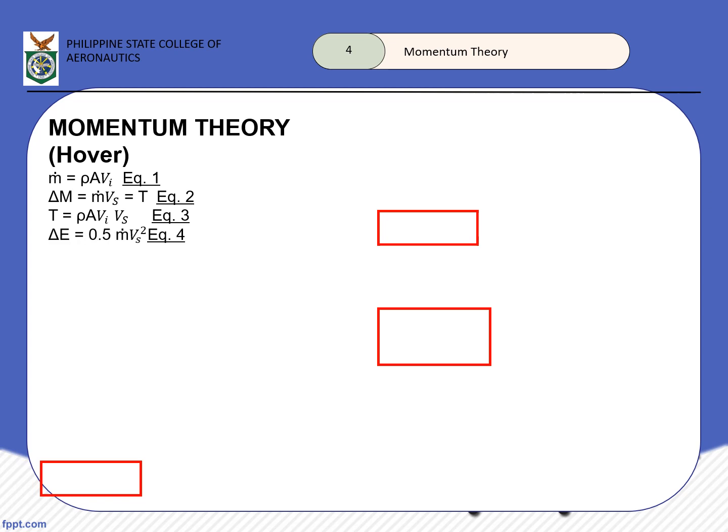Ang equation 4 naman natin, take note of this, pretty much our mother equations para maging easy yung ating derivation. For equation number 4, recall lang siya ng change in kinetic energy formula. So, we have 1 half mass flow rate multiplied by our Vs squared.